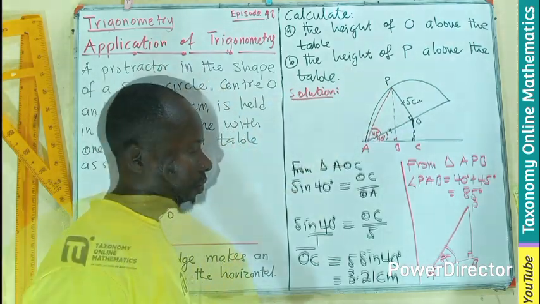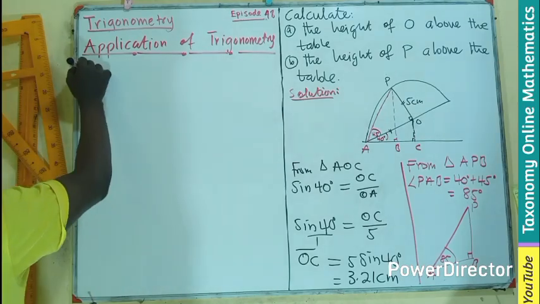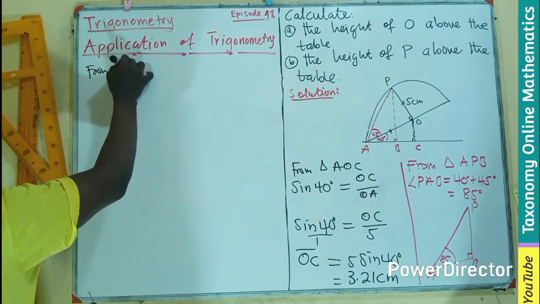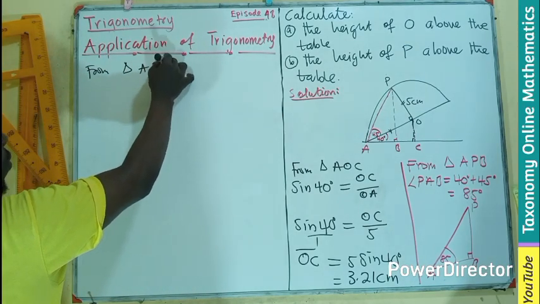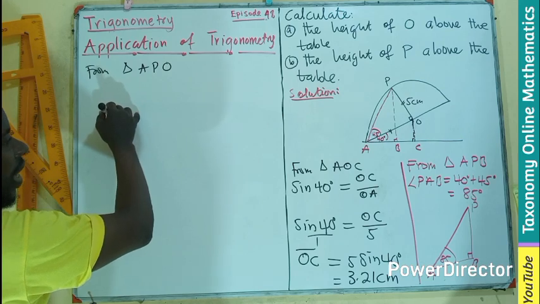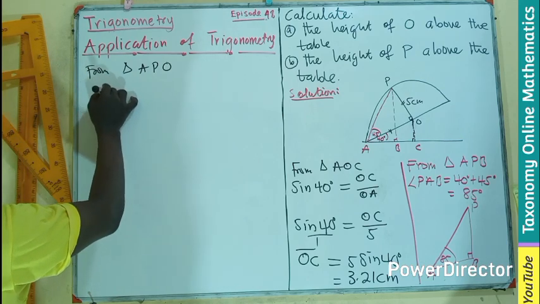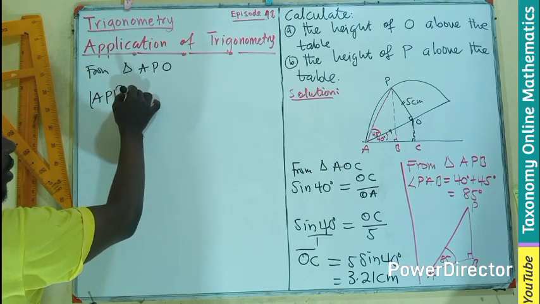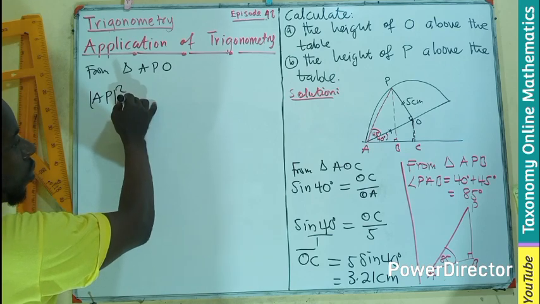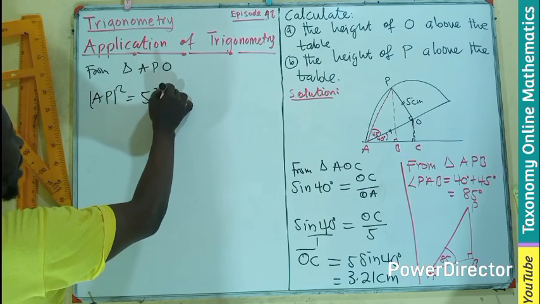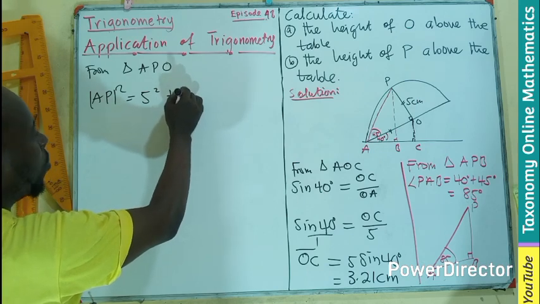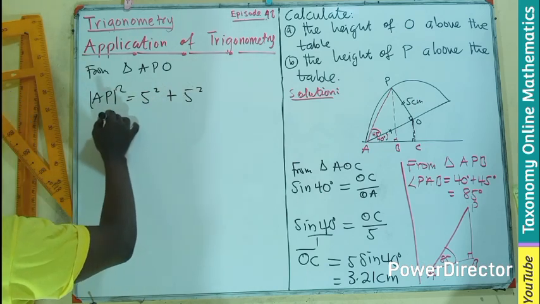From the triangle APO, the longest side is AP, so AP squared equals OA, which is 5 centimeter, squared plus OP, which is also 5 centimeter, squared.